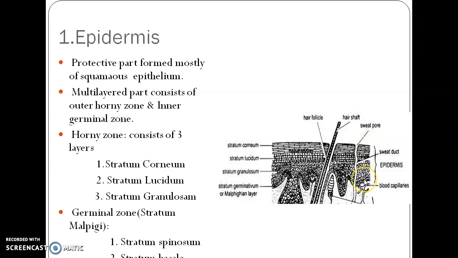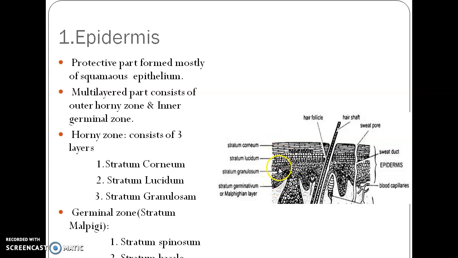It is multi-layered in nature and consists of two different layers: an outer horny layer and an inner germinal layer. This is the horny layer and this is the germinal layer.